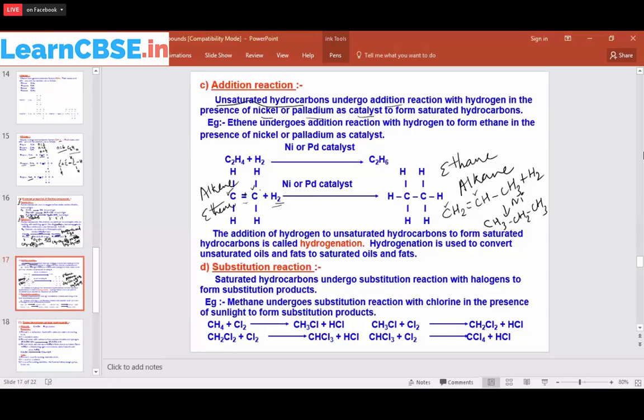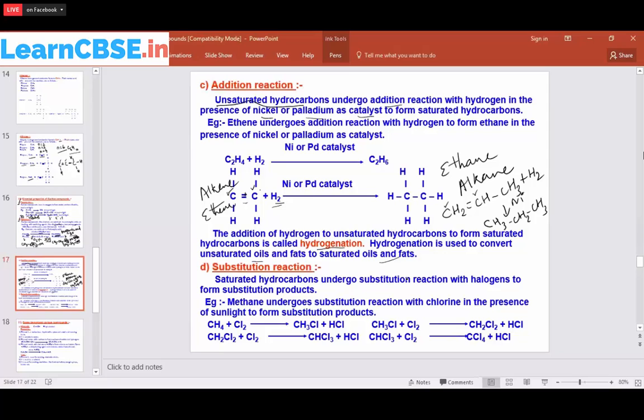Okay. The addition of hydrogen to unsaturated hydrocarbons to form saturated hydrocarbons, we call this reaction hydrogenation. Adding hydrogen to the reactants, we call it hydrogenation. Hydrogenation is used to convert unsaturated oils and fats into saturated oils and fats. Where is the application of hydrogenation? We get oil from sunflower or rice bran, and that oil contains more than one double bond.